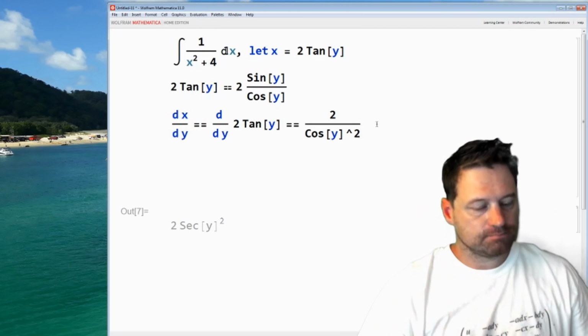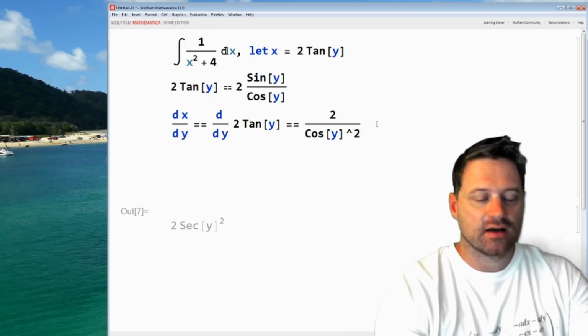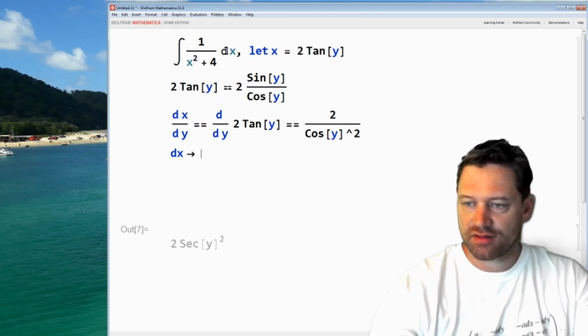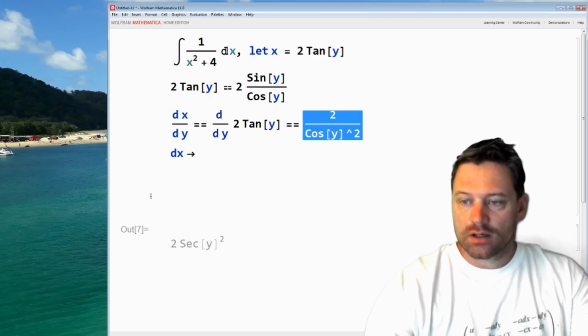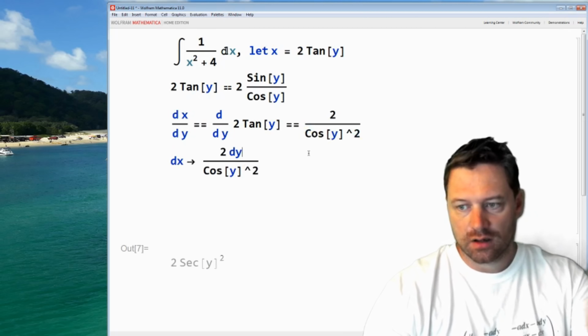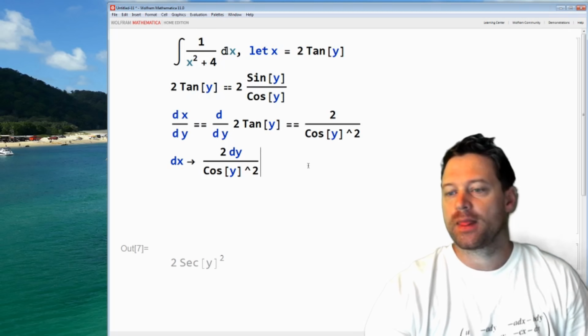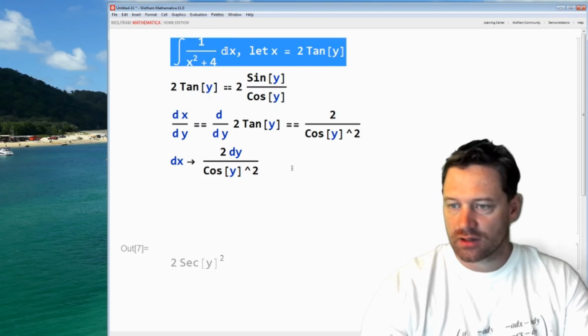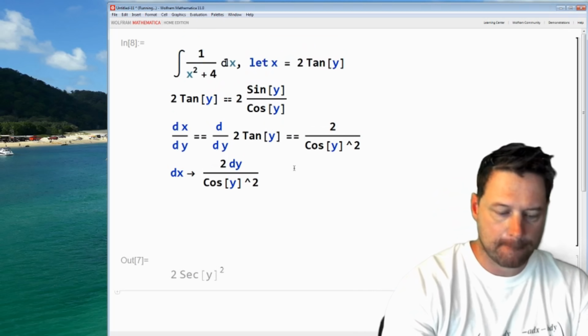But that's an aid to memory of the rule that I can substitute dx with 2 dy over cos squared y.